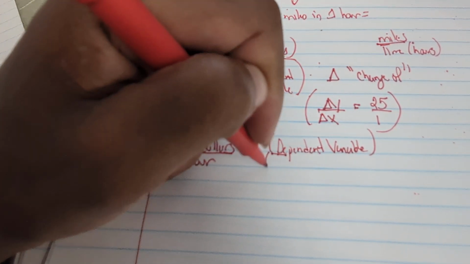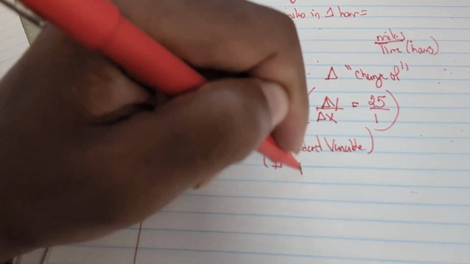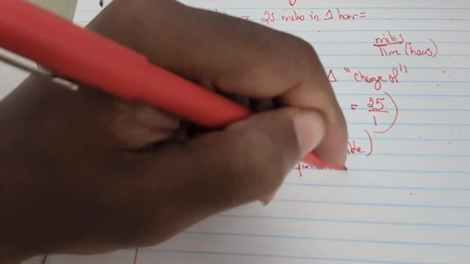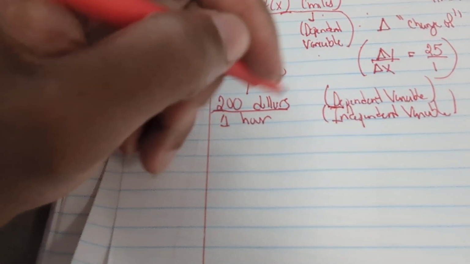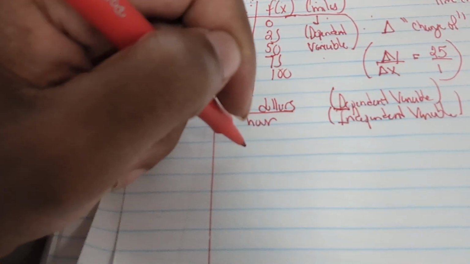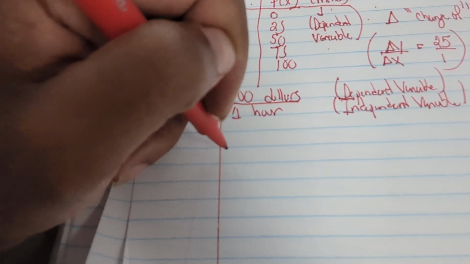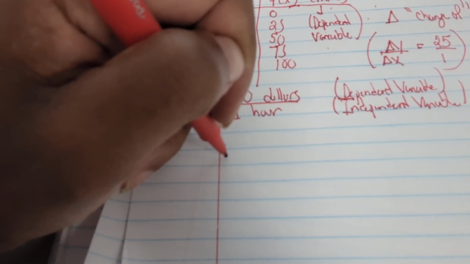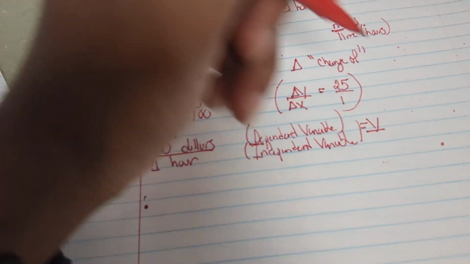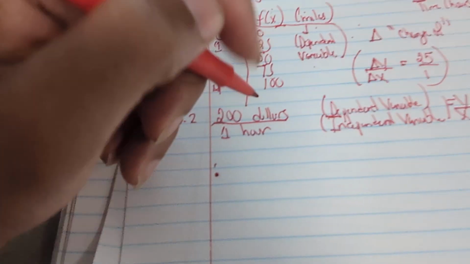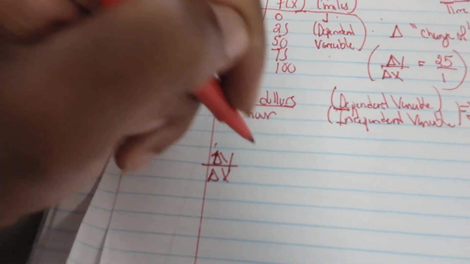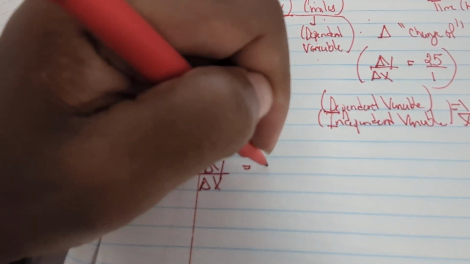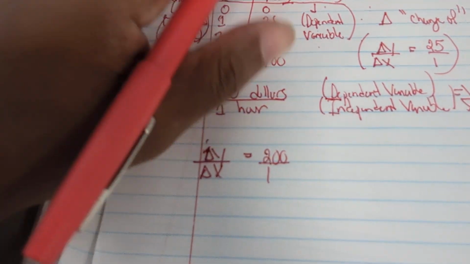The time is the independent variable. So the dependent variable is y, and the independent variable is x. We say the change of y over the change of x is equal to 200 over 1.